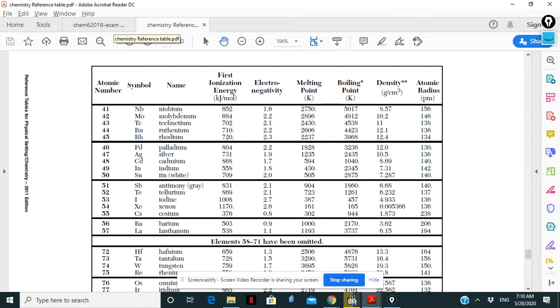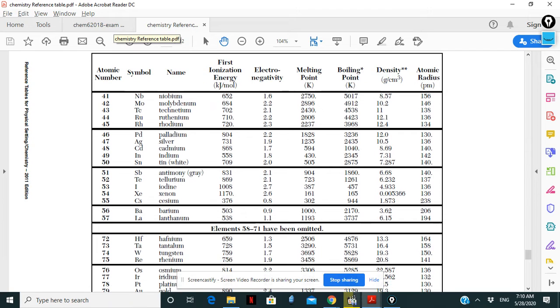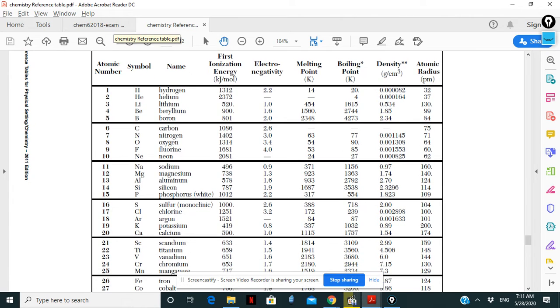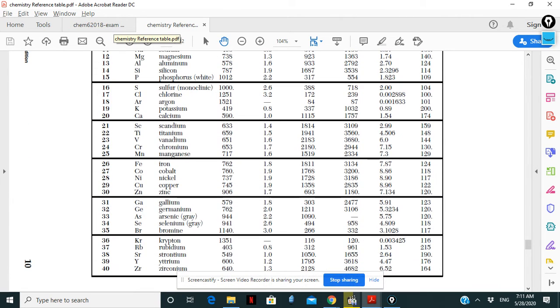Here in these tables, looking for the Ge, germanium. So the density is 5.3234.